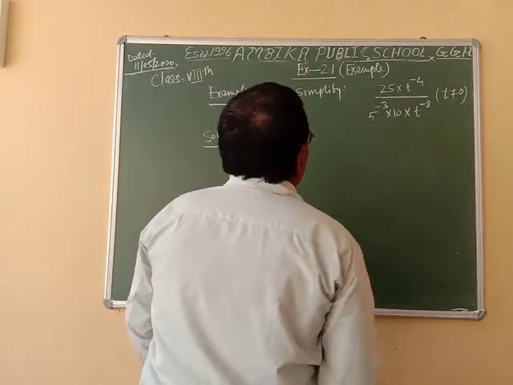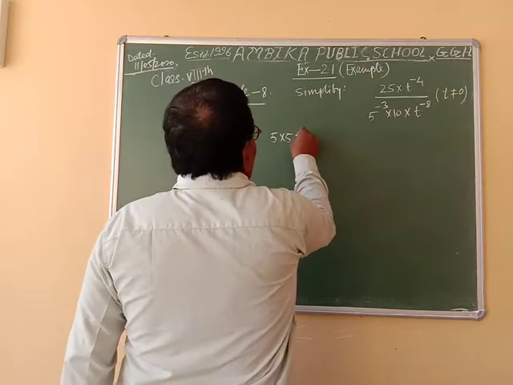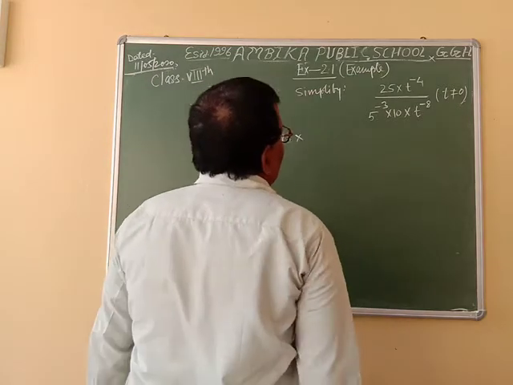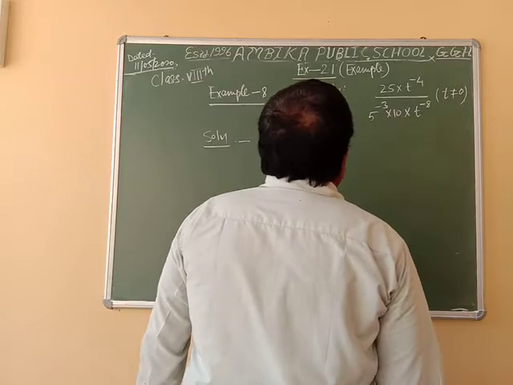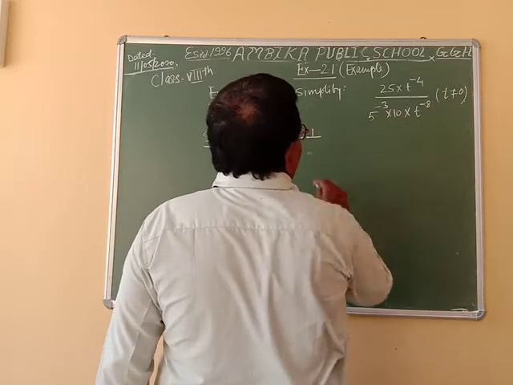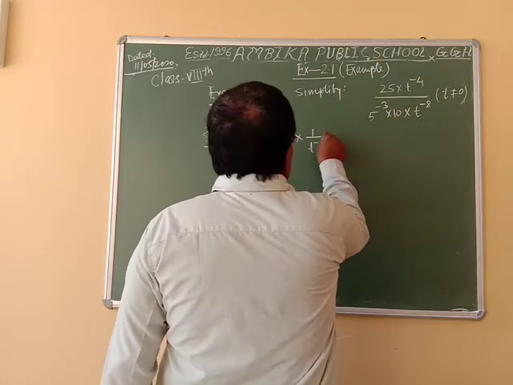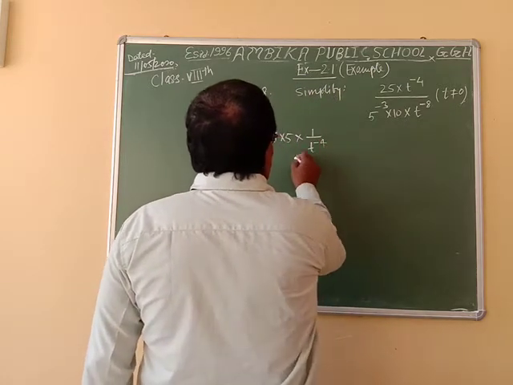For 25, we can write 5 into 5 into t to the power minus 4. We can write 1 by t to the power 4.